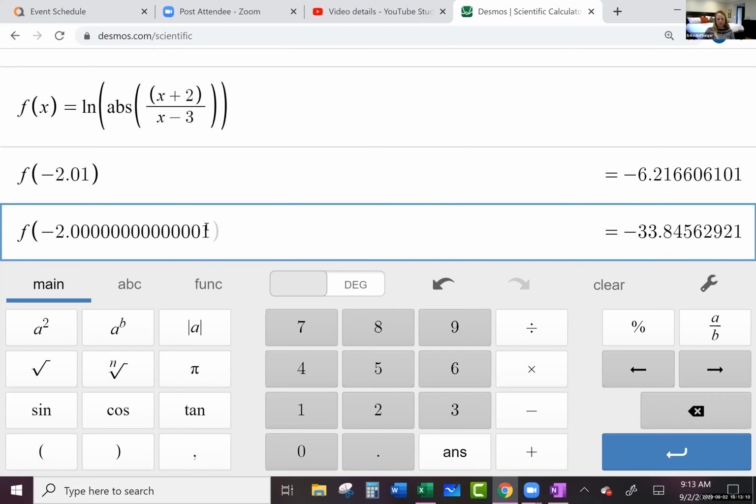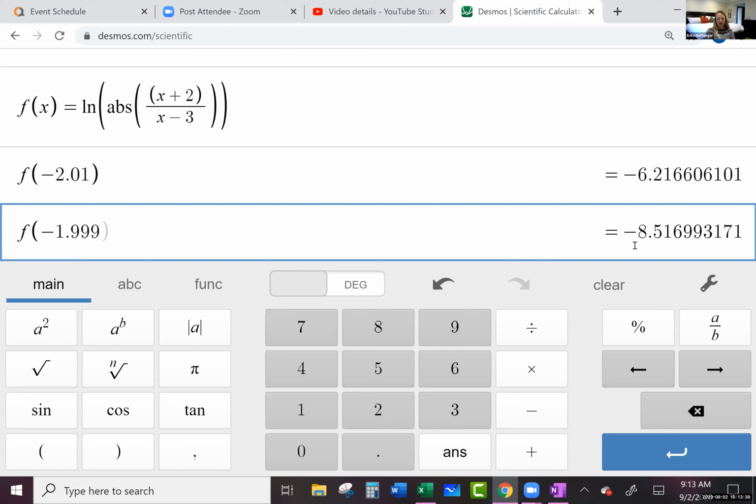If I was looking at numbers on the other side of -2 and coming in to -2, what about -1.9? Notice -1.9 gives approximately -4. Let's add in an extra 9, because that's even closer to -2. I get -6.2. Another 9, I get -8.5.